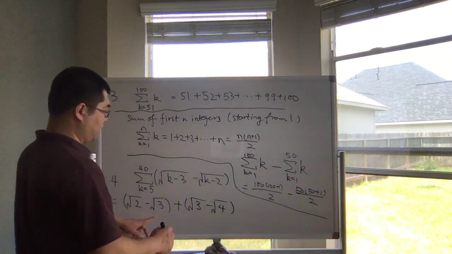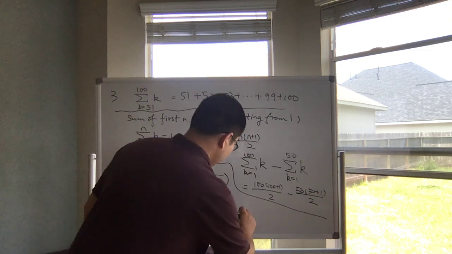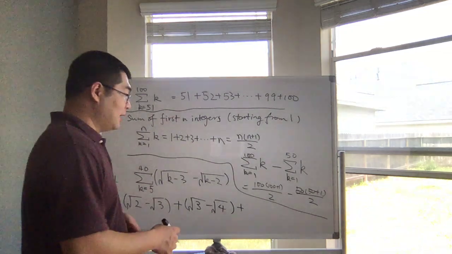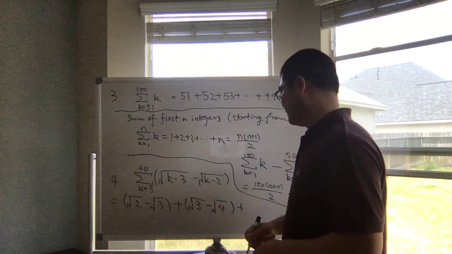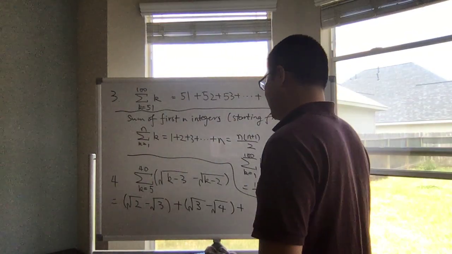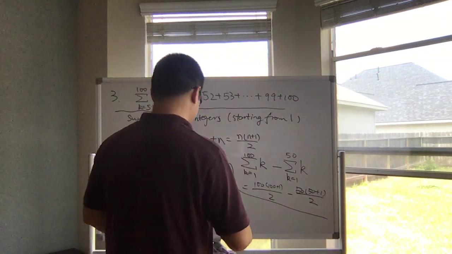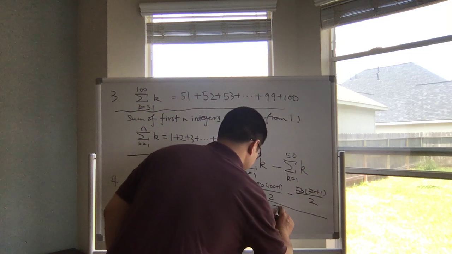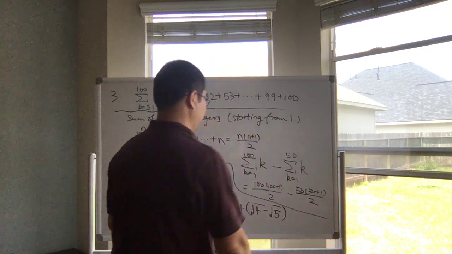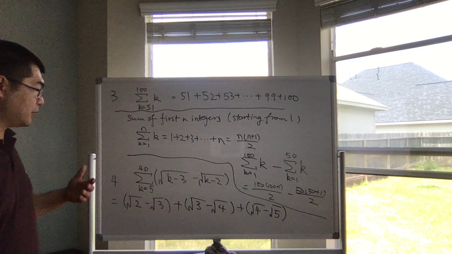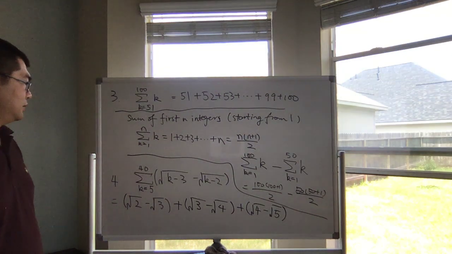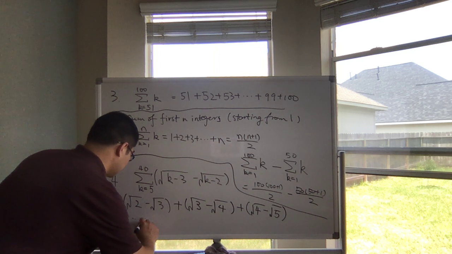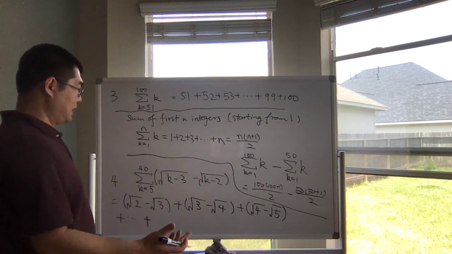This is when k equals 6. Some of you might already see there are some cancellations. Maybe let's write one more. When k equals 7, we have square root of 4 minus square root of 5, right? And of course we can just continue this. Let's put dots, and then also write the last two terms.